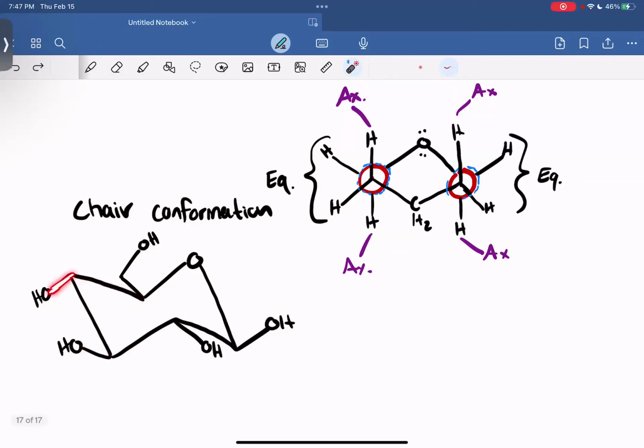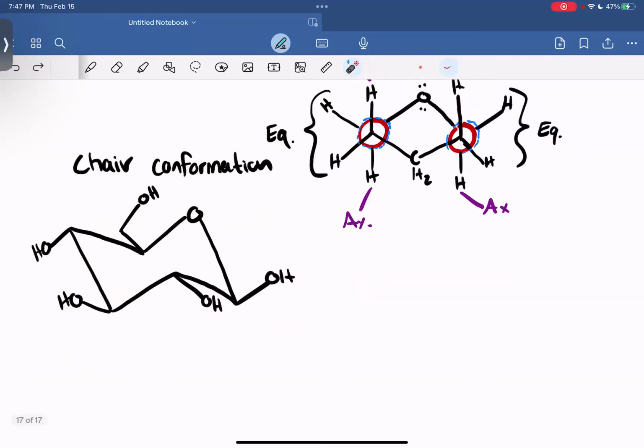This one is parallel, skip that one with this one. And then this one is parallel with this one here, and we skip this one. We can go this way too. So this is glucose. And I want to highlight this carbon here. This carbon is called the anomeric carbon.